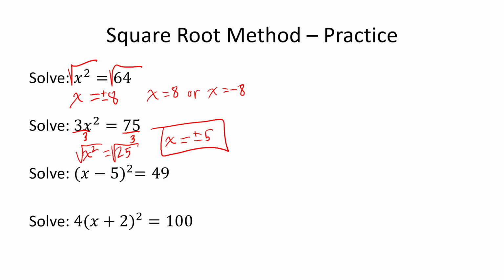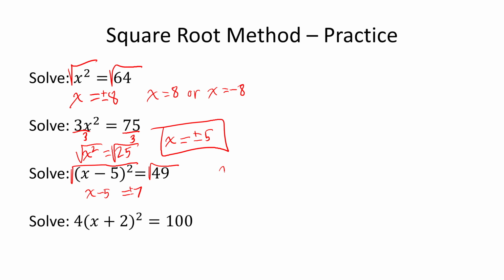Or we could have something that looks like this, right? Where we have something in our parentheses, x minus 5. But I could still take the square root of both sides. We could get x minus 5 is equal to plus or minus 7, right?